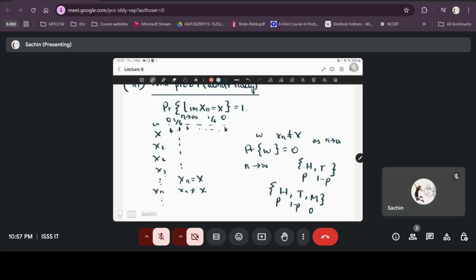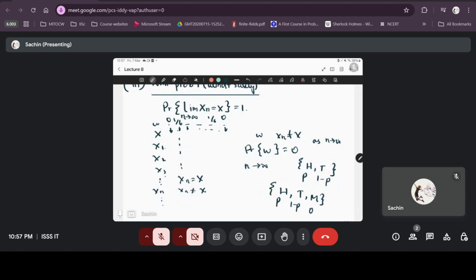Then when you're doing an estimation, if you don't anticipate that it could be in the middle, if you think that only heads or tails can occur, and you have an estimator that estimates the probability of getting heads or tails, then that will give you a different kind of estimate than taking the outcomes to be H, T and M, and then finding out the distribution of H, T and M. So if you take H and T as the only possible outcomes, then there's no M in this.